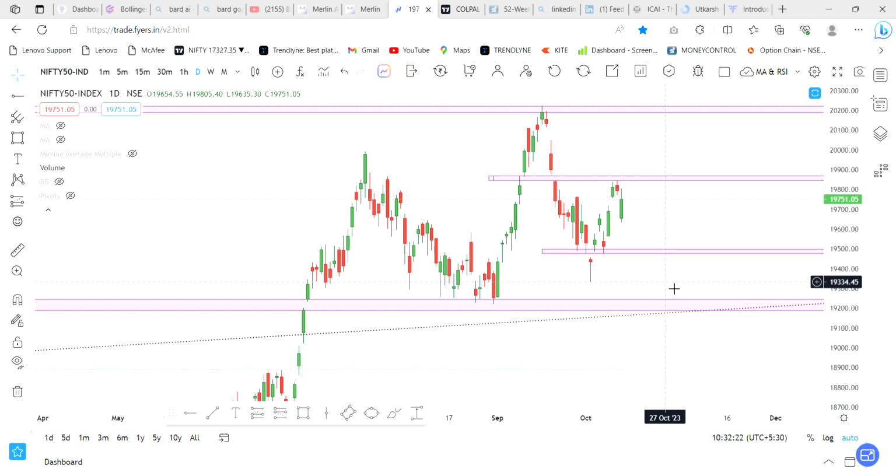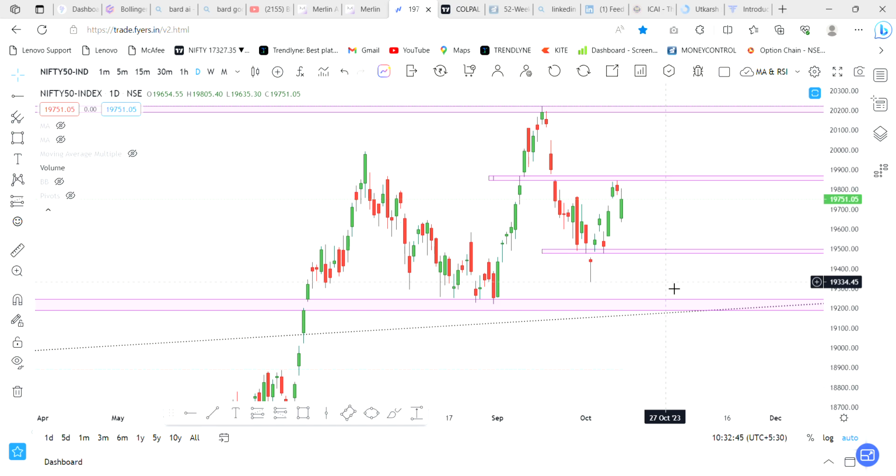Same with the bearish side as well. Don't get into the view that just because 19,850 has breached or 19,500 has breached, I'll become bullish or bearish. It all depends upon what candlestick forms there, and we'll also see other market factors. Based on that, we'll take our views.